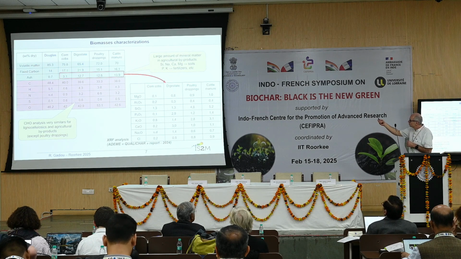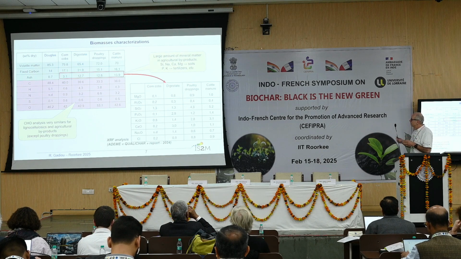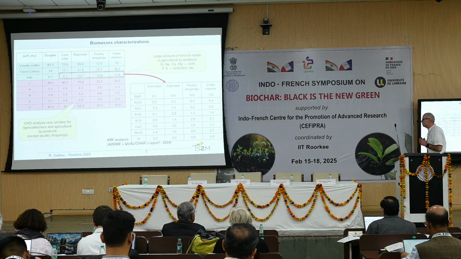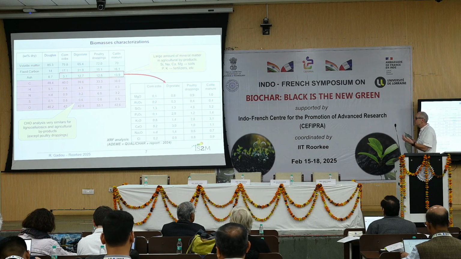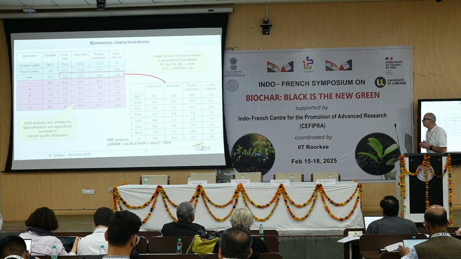But coming to the other byproduct, we see that we have a large amount of silicon, of phosphorus, of course, but also a large amount of potassium, calcium, and other alkaline earths.